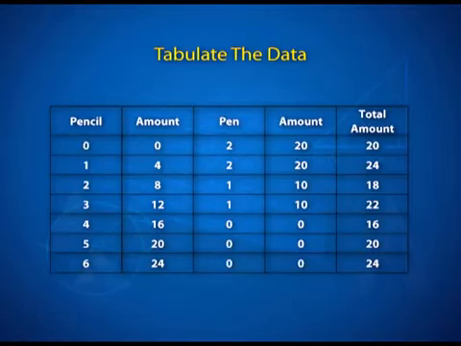Since each pen costs rupees 10, I can buy 2 pens worth rupees 20 because I have 25 rupees in hand. If I buy 1 pencil, I spend rupees 4, I still have enough amount in my hand to spend for 2 pens. So, if we tabulate this data, we observe that we can buy 0 to 6 pencils and 2 to 0 pens as shown in the data here.